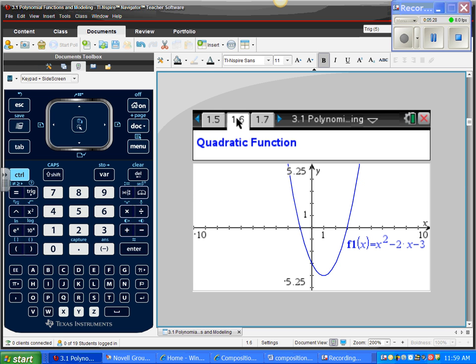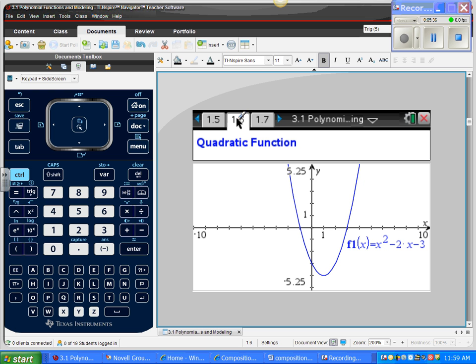So let's start with zeros. We know that zeros are where the function crosses through the x-axis. Another word for zeros is roots or solutions, right? So we're looking at these two values here. Now this one is done really pretty for us, right? It goes right through these values and they're easy to find. We've got the values of -1 and 3.